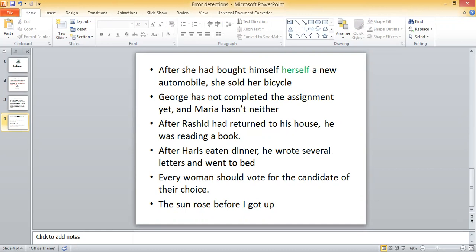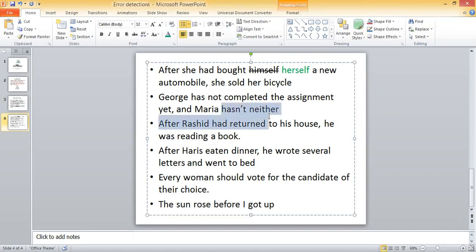George has not completed the assignment yet, and Maria hasn't neither. So there is the issue. अब hasn't neither, they both are negatives. They cannot come in one line together. Hasn't neither. Now, ये ऐसे हो सकता है. You can put it hasn't either.